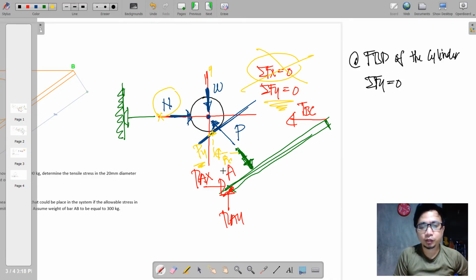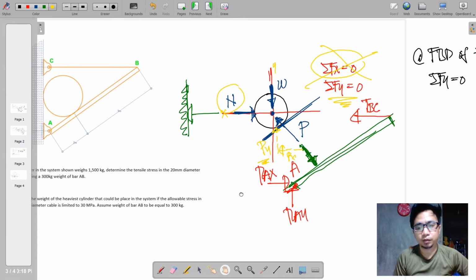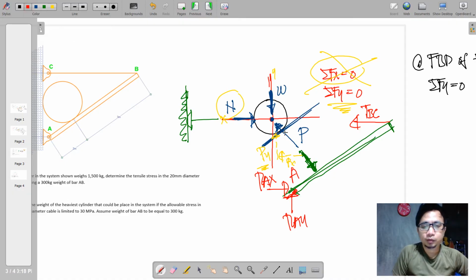To establish that Py, we need a reference angle. So perhaps we can name a reference angle, say this is the reference angle, beta. Where shall we get beta here? Of course, that can be established by this principle in geometry.